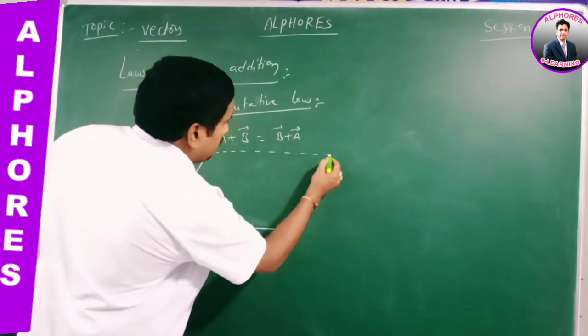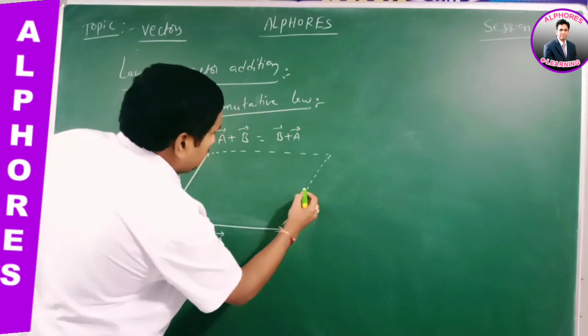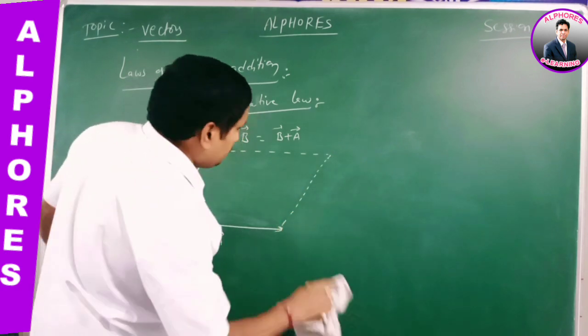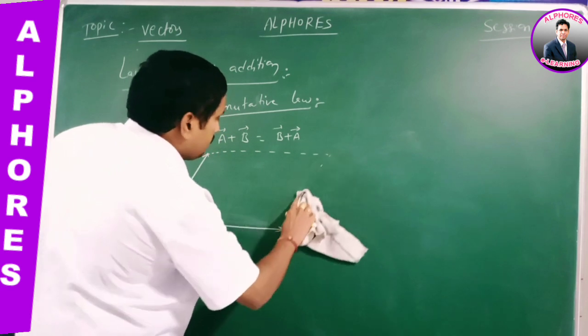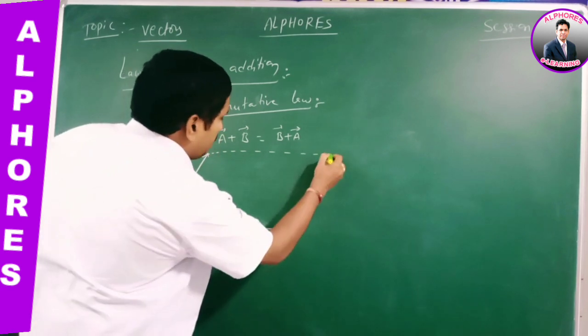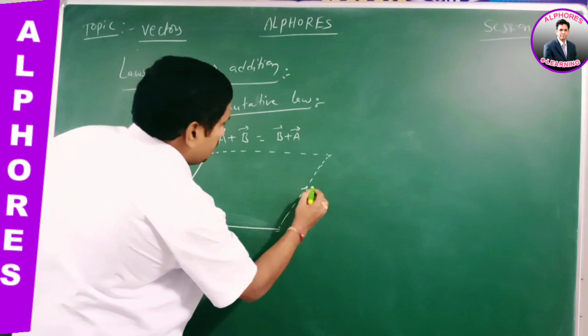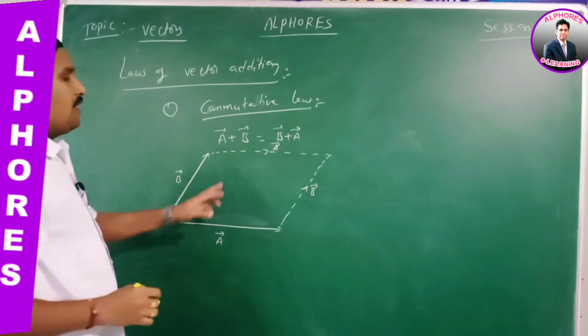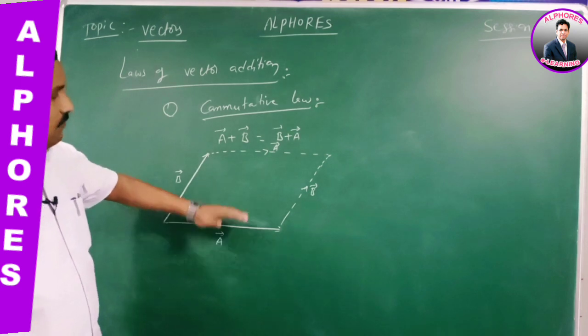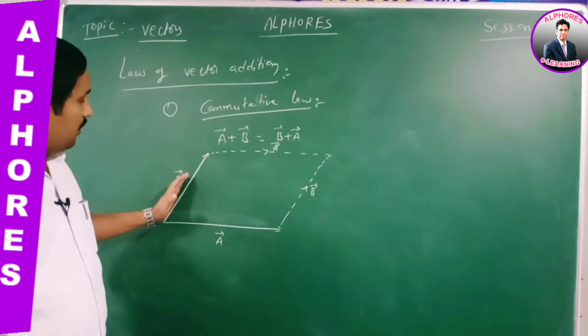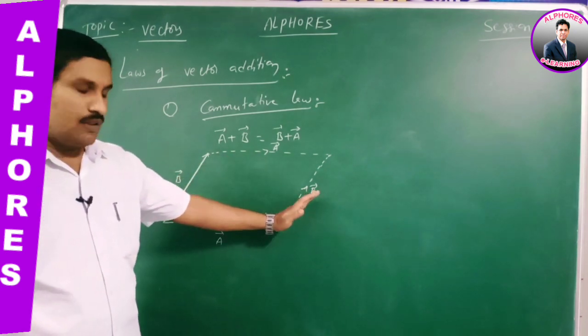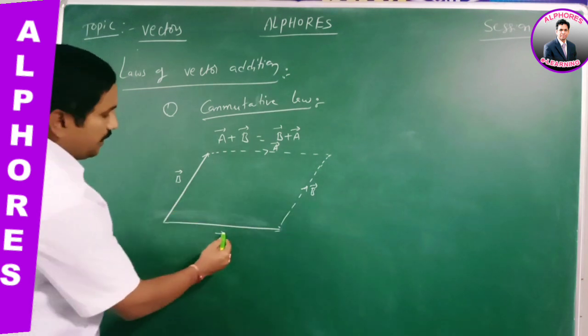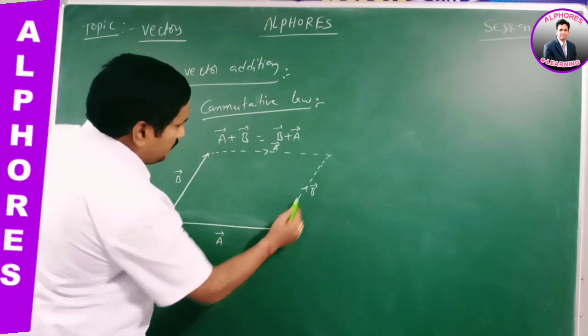The b bar vector is shifted parallelly, this is b bar, this is a bar. Here a bar can be shifted parallel to this vector and b bar to this vector, both parallel.